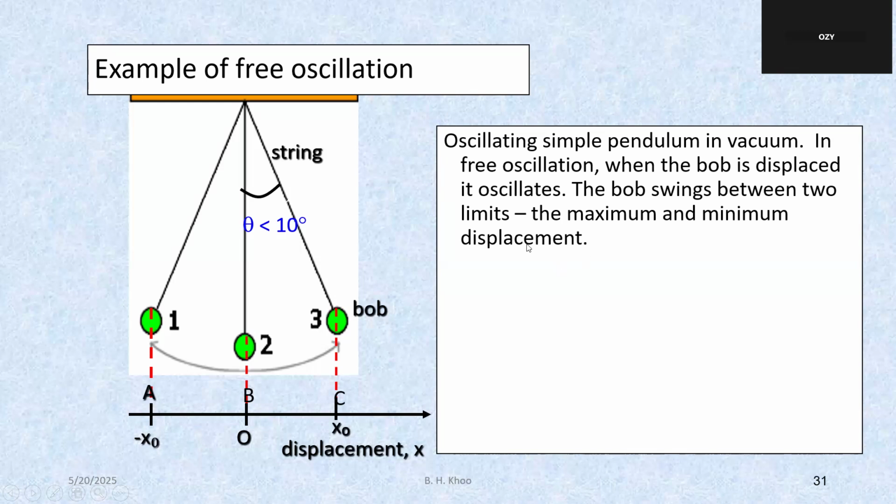Maximum and minimum displacement: actually, minimum displacement is just this part positive, this part negative, that's all. This one is magnified to be a curve, but when it's 10 degrees or less, it's more like a straight line rather than a curve.